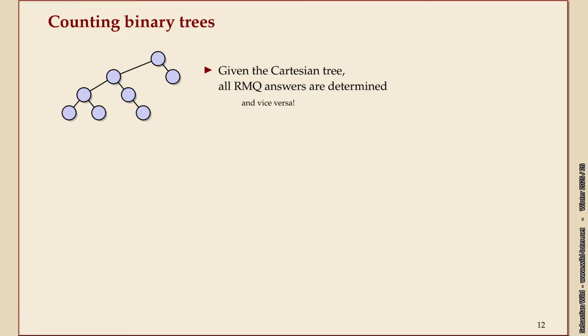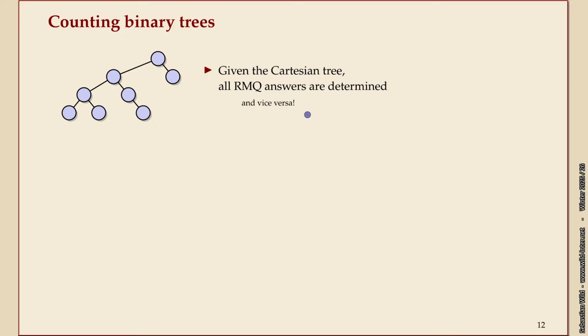Now, how is this useful for our data structure? As I said before, we don't care about the actual values, just the tree. So let's count the trees and see how many different ways range max queries can look. The good thing here, which I didn't stress carefully enough, is that it's really a bijection.